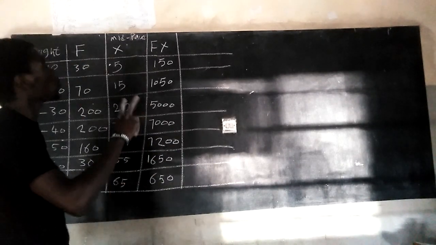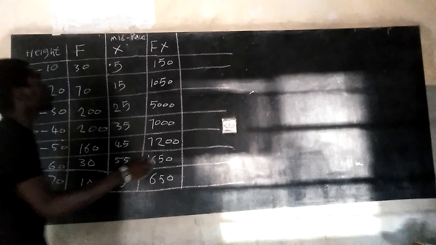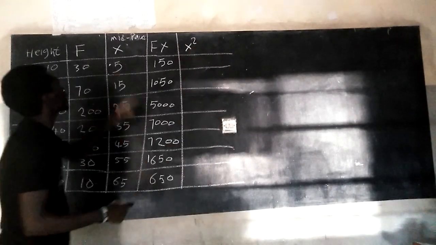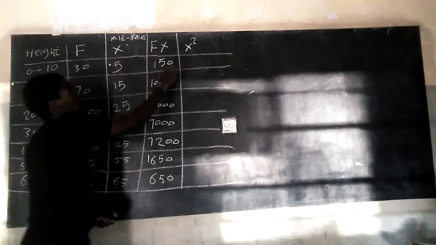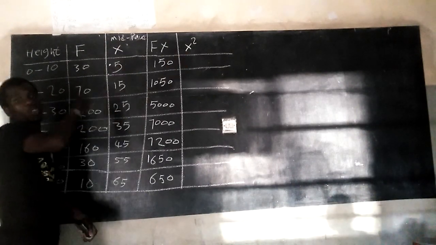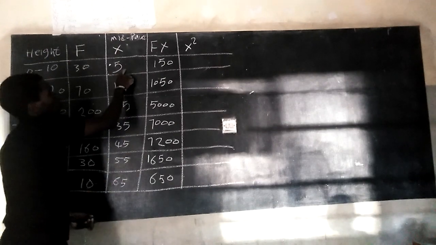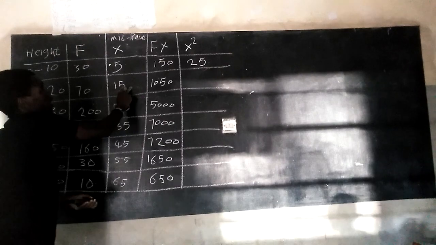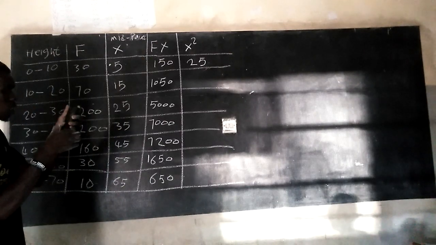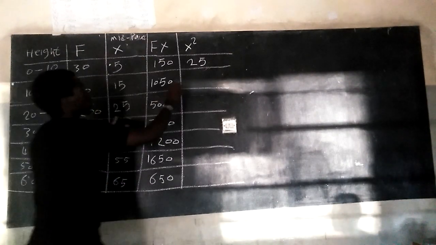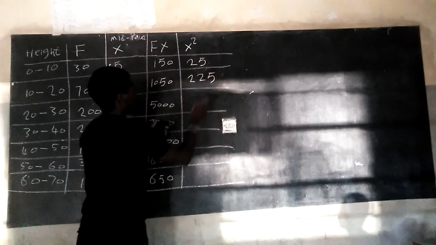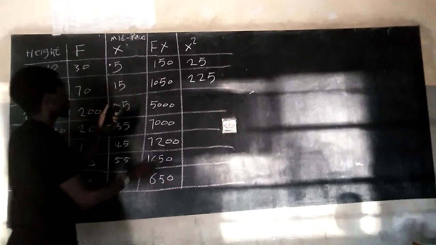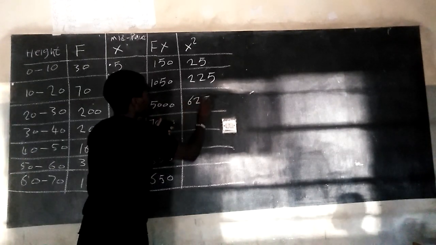So now we are remaining with 2. The other one is x squared, meaning that x is squared. What's our x? Our x is this, so we square it. 5 squared is 25. 15 squared is 225. 25 squared gives me 625.